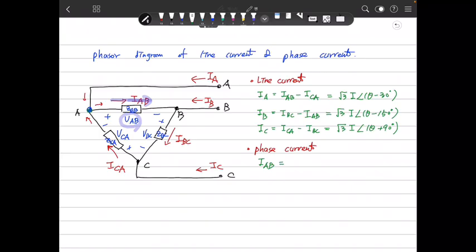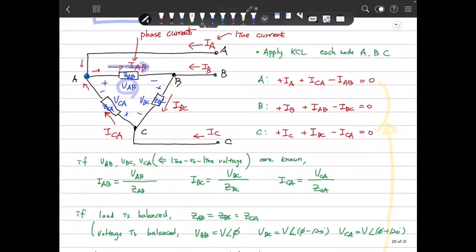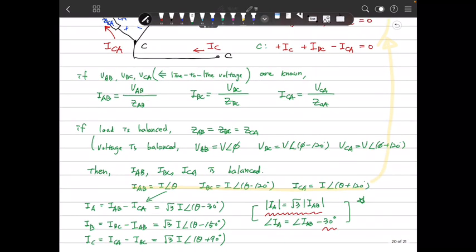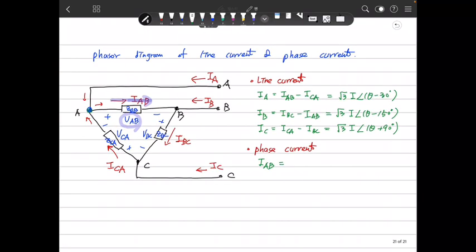IAB is I theta, IBC is I theta minus 120 degrees, and ICA is I theta plus 120 degrees.